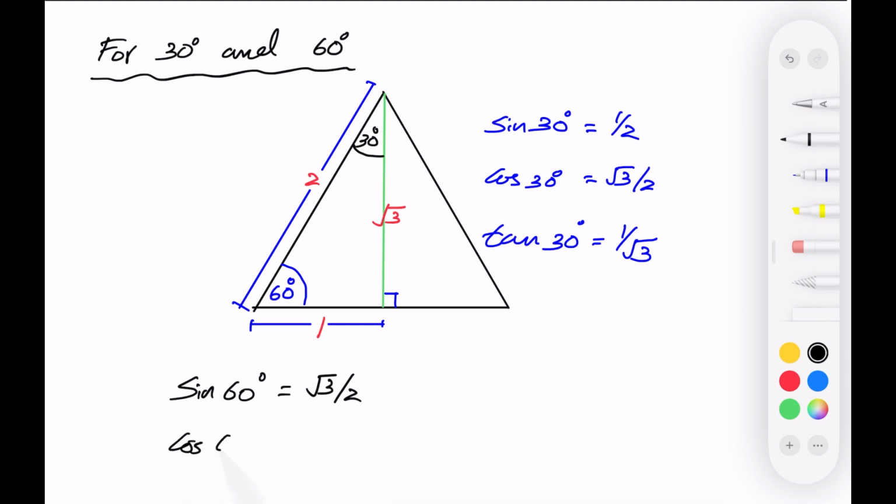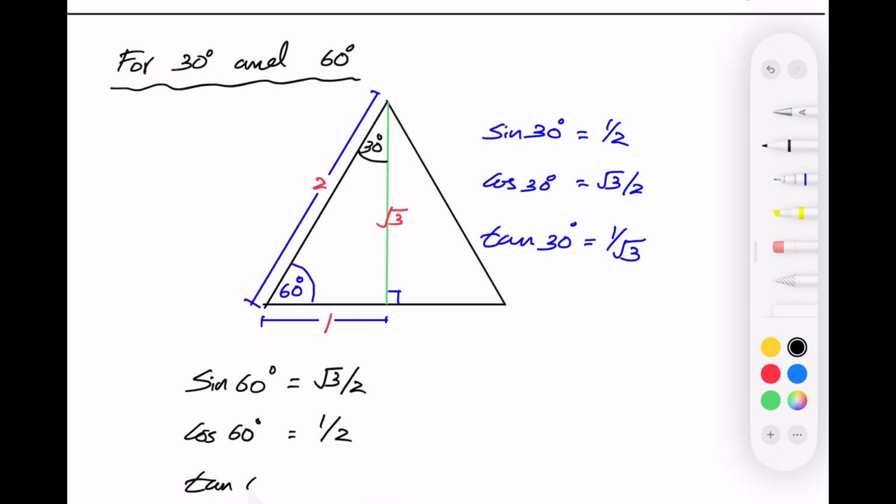Cosine 60 degrees should be equal to adjacent over hypotenuse, which is 1/2. Tangent 60 degrees should be equal to opposite over adjacent, which is square root 3 over 1, which simplifies to become just square root 3.